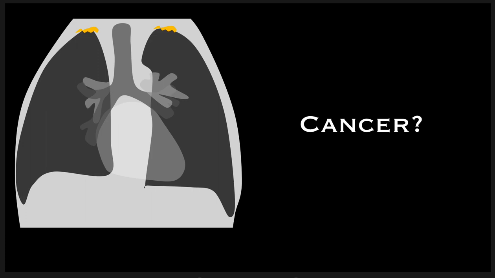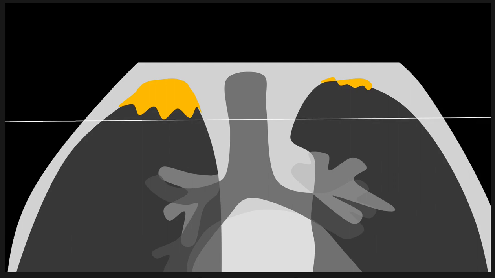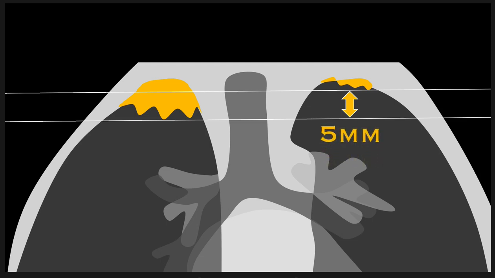So when do you need to worry? Take a close-up here. The general rule is asymmetry is bad. How much asymmetry? Most textbooks will tell you that if you've got 5 millimeters difference, or you've got it on one side that's 5 millimeters thick and the other side doesn't have any, 5 millimeters of asymmetry is going to trigger cross-sectional imaging.